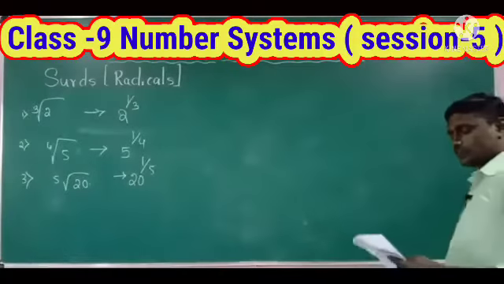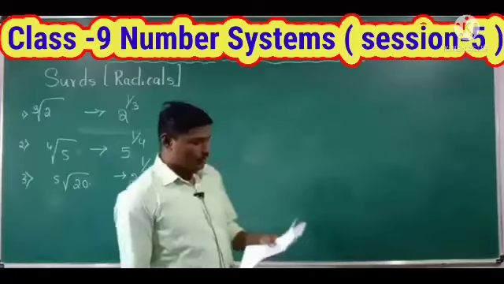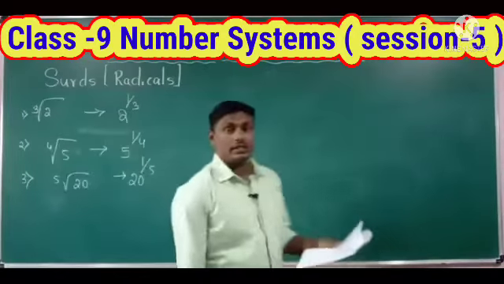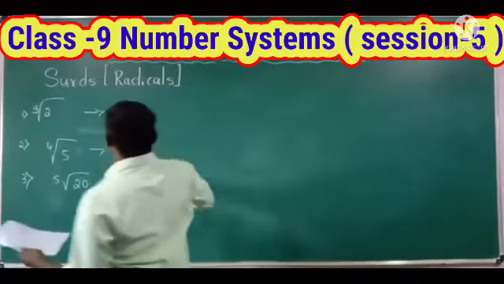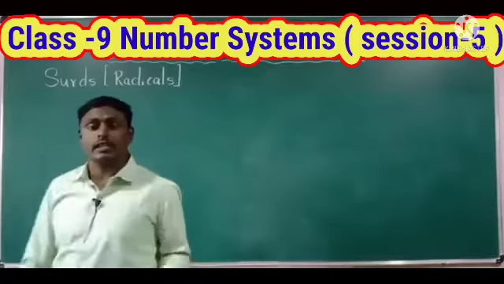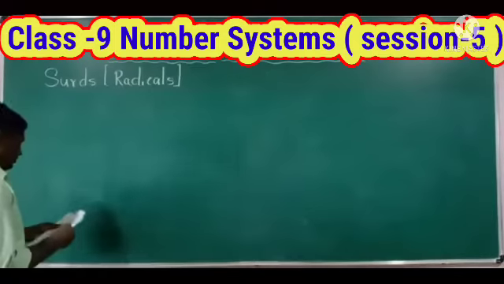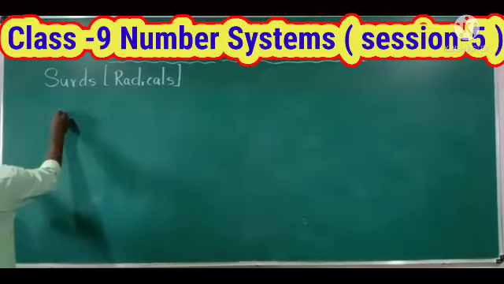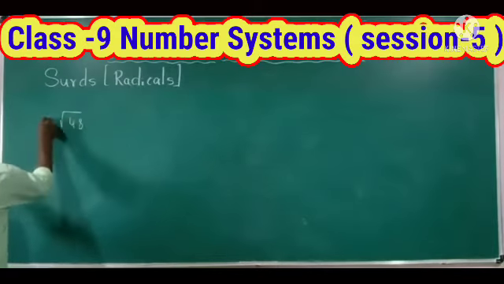Okay. Next one, here some questions are given. State which of the following are surds. You need to identify whether the given numbers are surds or not. Okay. First one, root 48.